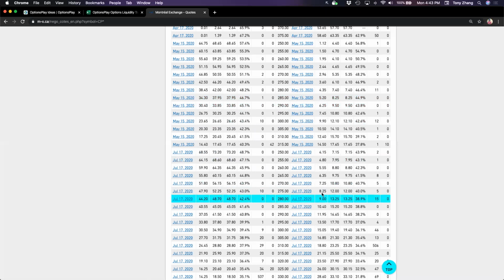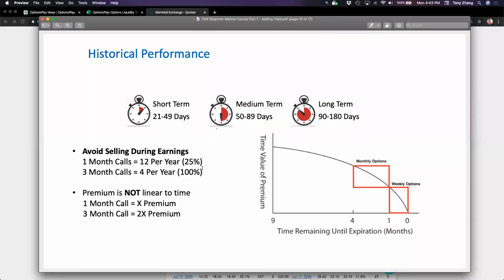You should always move towards the shorter end of the spectrum, because it's going to allow you to trade more frequently, which will actually add up to more premium for you at the end of the year than if you do longer dated options, which on paper look like they have more income, but in the long run, it's actually going to reduce the amount of income you receive from that strategy.